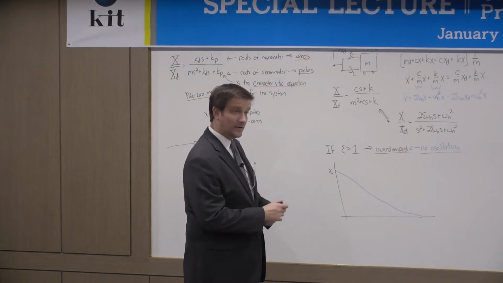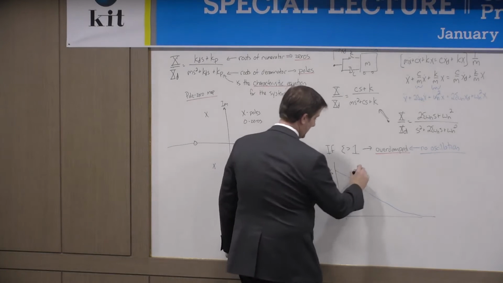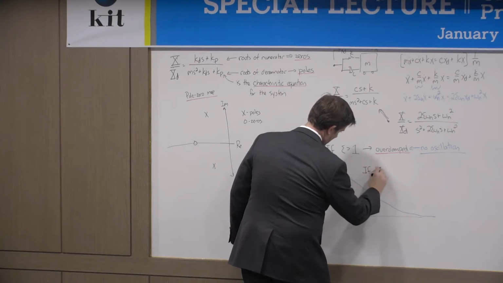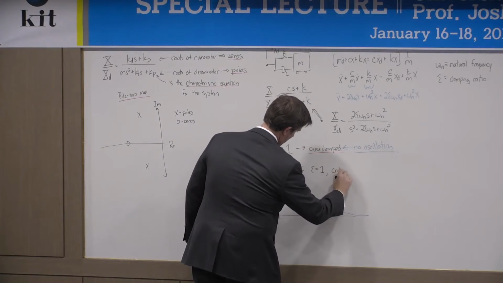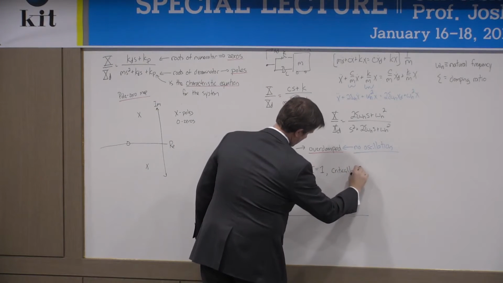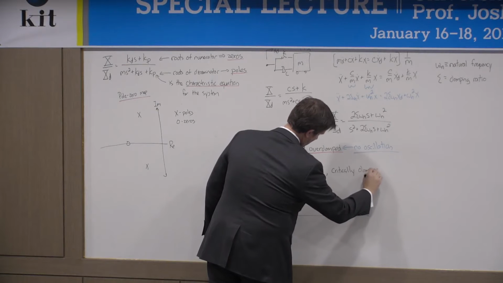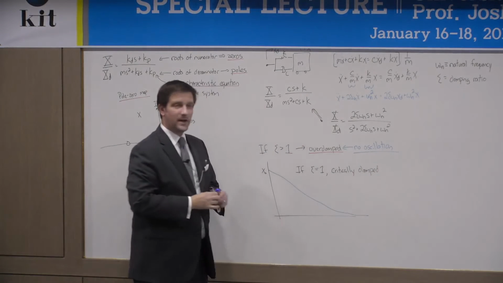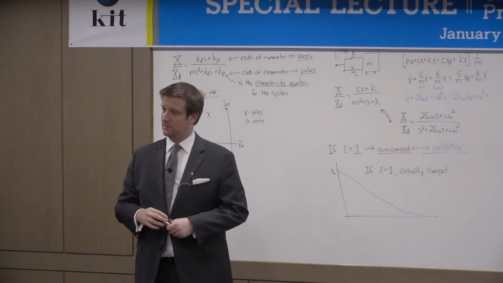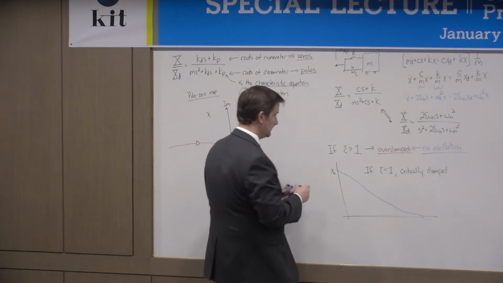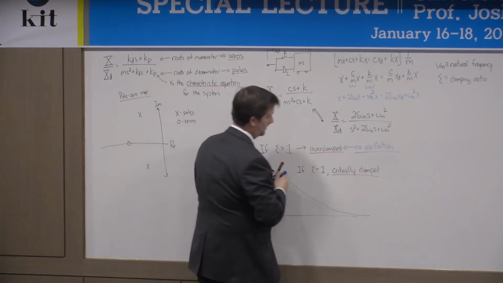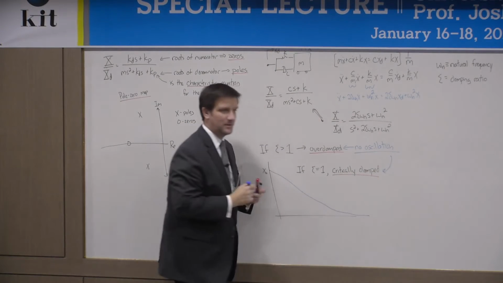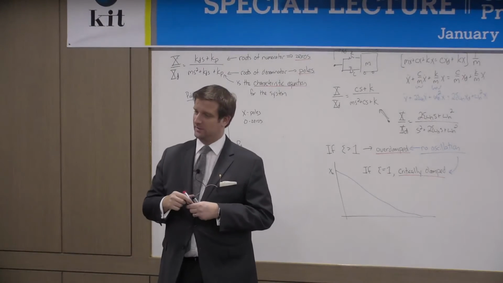We have one case that's kind of similar. If zeta is equal to 1, we call that critically damped, or critical damping. That also has no oscillation, but it's the fastest you can go without any oscillation.